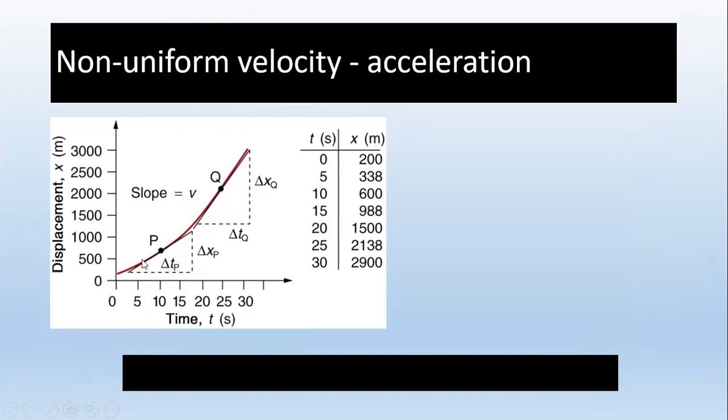Non-uniform velocity, right? It's not a straight line. Remember, the velocity from a displacement-time graph is given by the gradient of the tangent to the curve. You can see that the slope, or gradient, is increasing, so we can say non-uniform velocity, or it's accelerating.